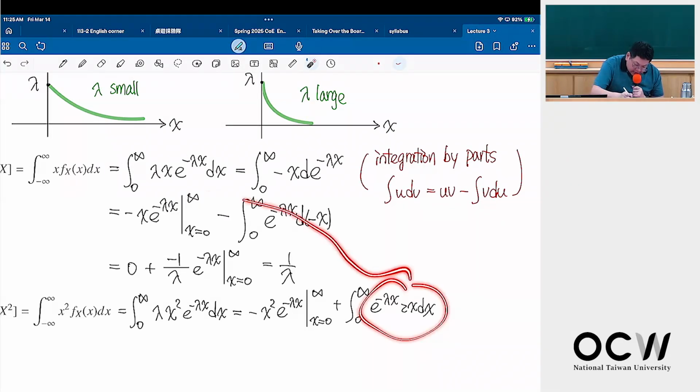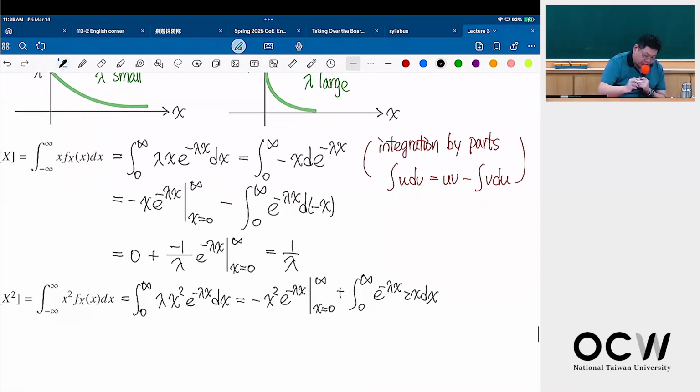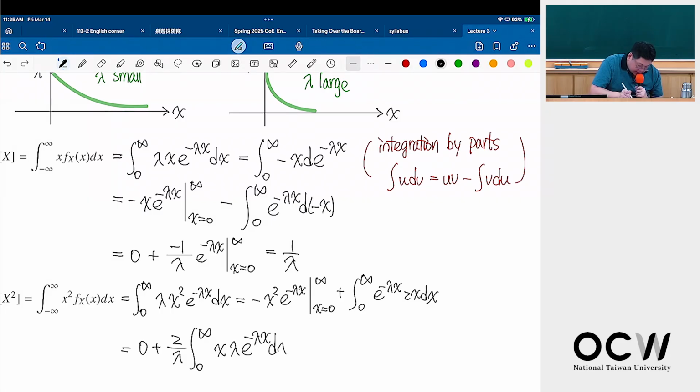Now here we go back to a similar type, so we'll do another integration by parts. Then you will have 0 plus 2 over lambda times the integral from 0 to infinity of x times lambda e to the minus lambda x dx.